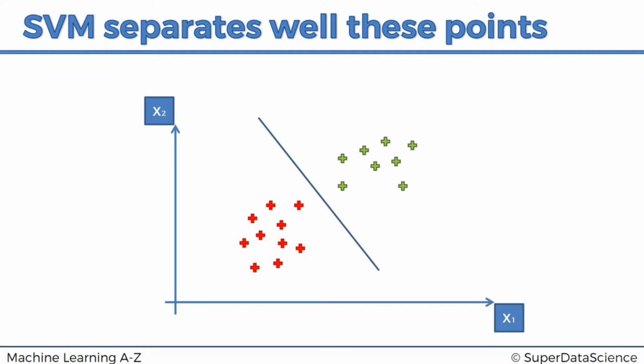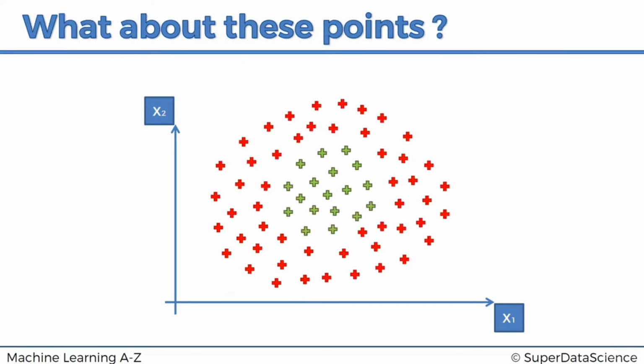But what happens when we cannot find a boundary? What happens in a situation like this, for example? What do we do here? We can't just draw a line through these points, right? We can't just separate them with a straight line. We can't separate them with a horizontal line. We can't separate them with a vertical line.